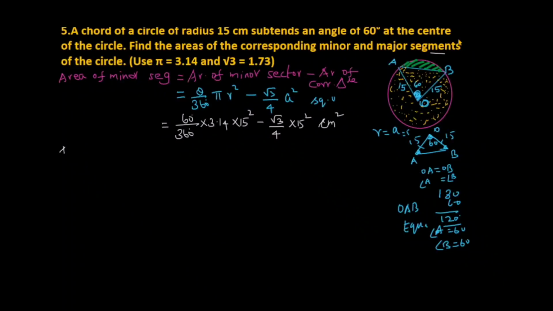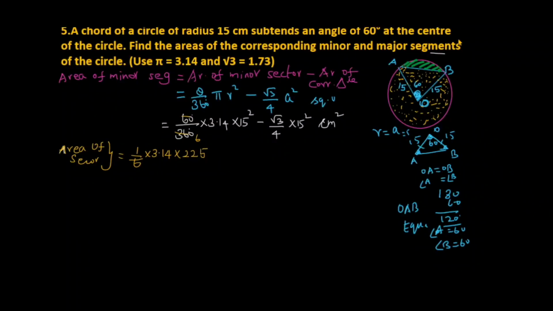I am going to find first the area of the sector. Area of sector is equal to 1 by 6, since 360 by 60 is 6, into 3.14 into 225, because 15 squared is 225.